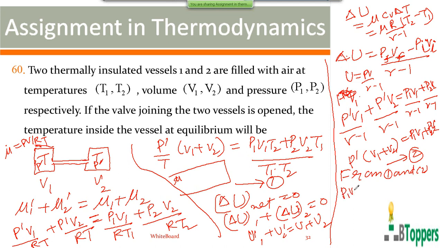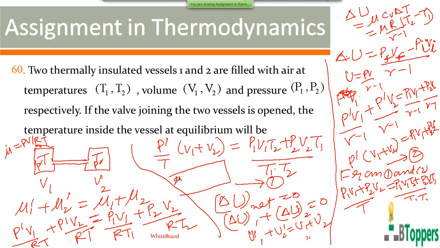You get P1 V1 plus V2 by capital T is equal to P1 V1 T2 plus P2 V2 T1 by T1 T2. So from this you can find the final temperature of system.